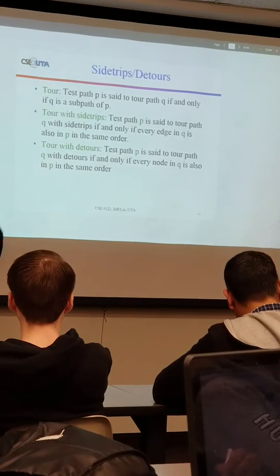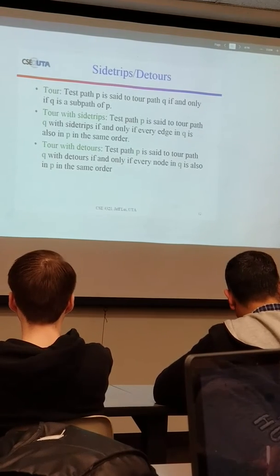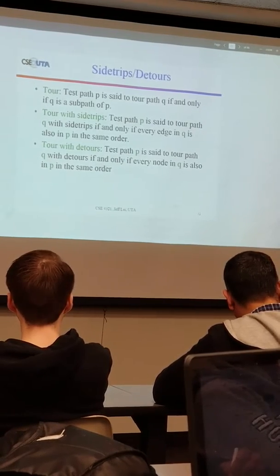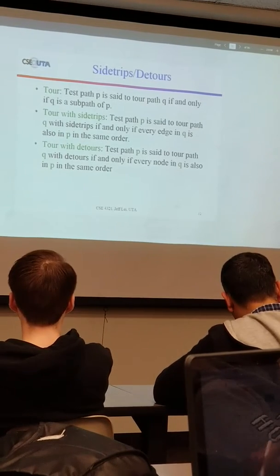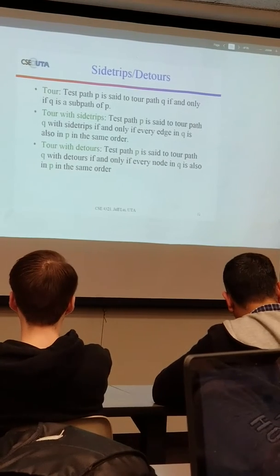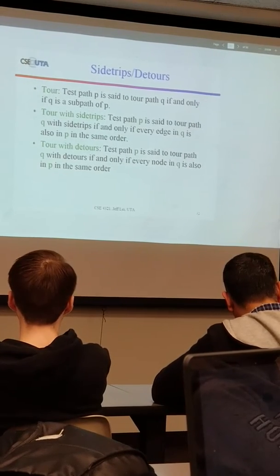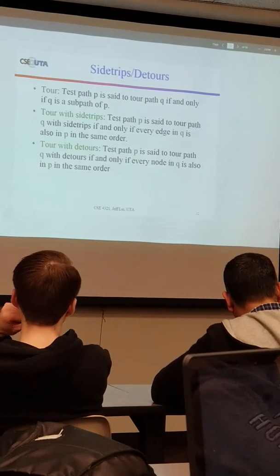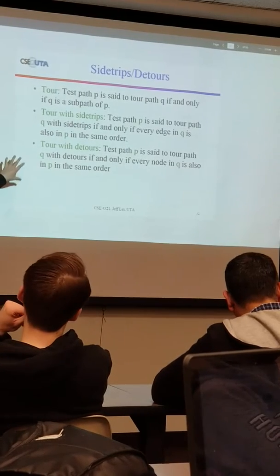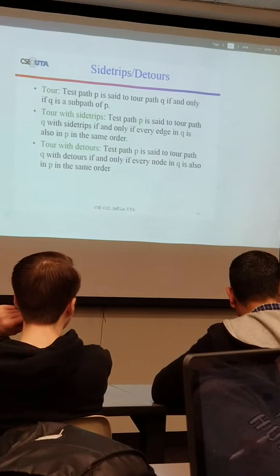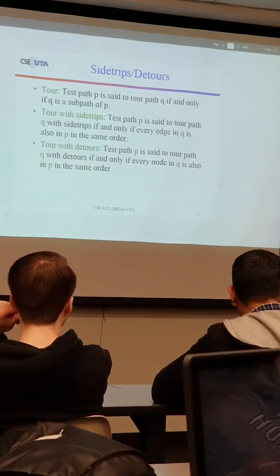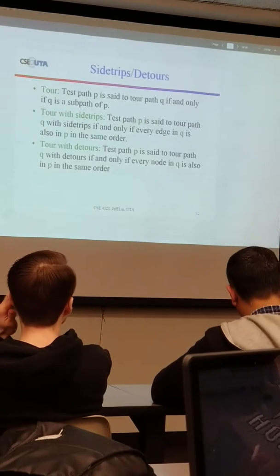So what are we going to do? We're going to relax the requirement a little bit. In practice, sometimes it's difficult to satisfy touring. That is a quite strict requirement, as we will see. The first relaxation is touring with side trips.